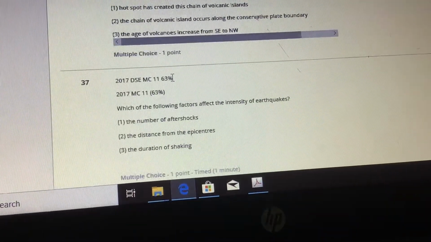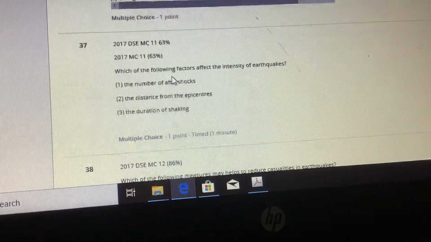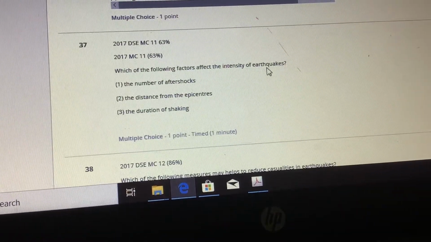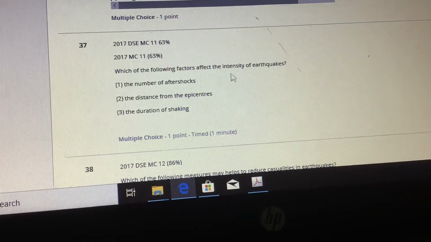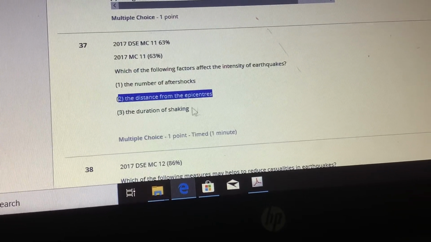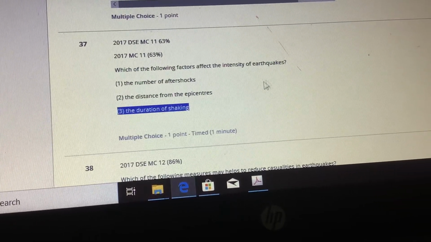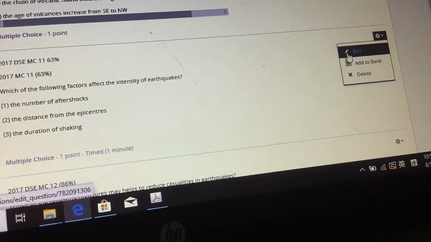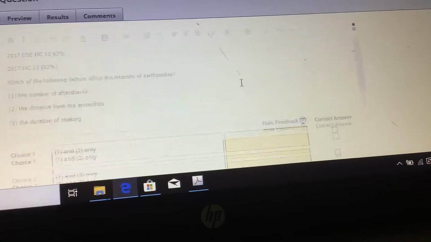Oh, add oil! Still some left. Good. Which of the following factors may affect the intensity of the earthquake? The number of aftershocks, would it increase the level of destruction? The distance of the epicenter, the duration of the shaking. Let's check out the answer. I'm really a bit tired, sorry, I'm exhausted, so I'm not going to use my brain.